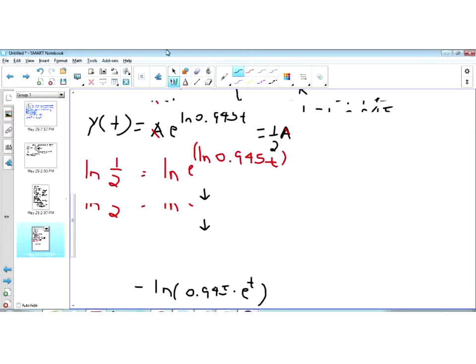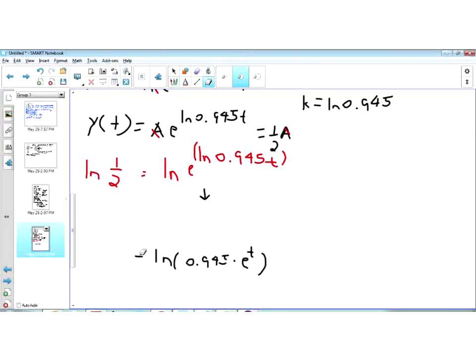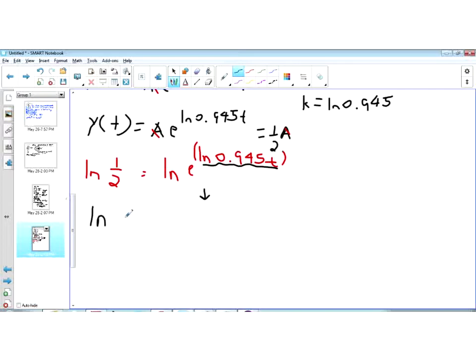I forgot the exponent, lost track of the exponent. To the exponential function, this product right here is the exponent. And so the natural log of e to something is something.